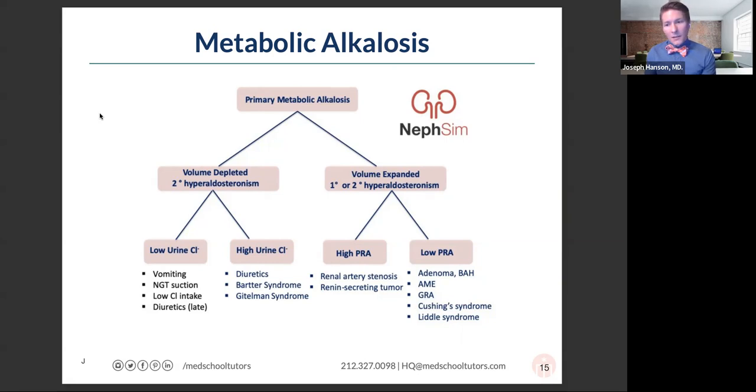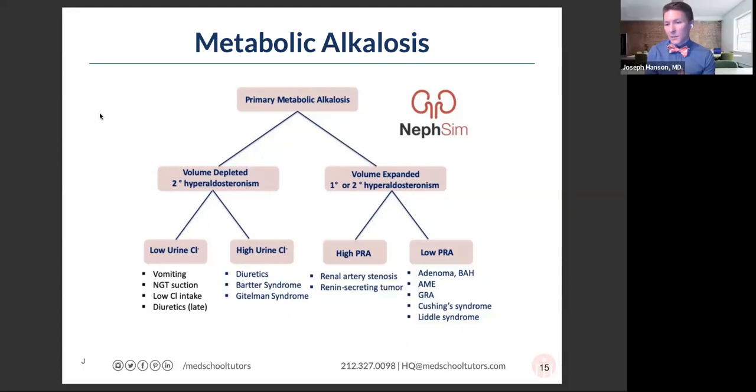On the other hand, somebody might just be volume depleted. Now, in that case, they will be making renin appropriately. They'd be making aldosterone appropriately. And as a result, they'd be making a lot more bicarb. So the idea here is, why am I making way too much bicarb? Either I can be volume expanded because I have hyperaldosteronism, or I can be volume depleted, which then leads to the development of more aldosterone.